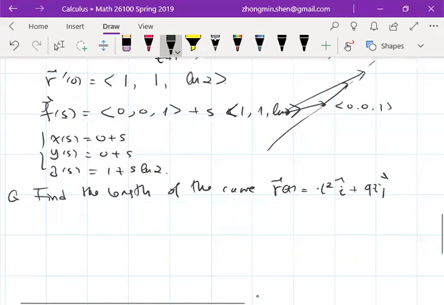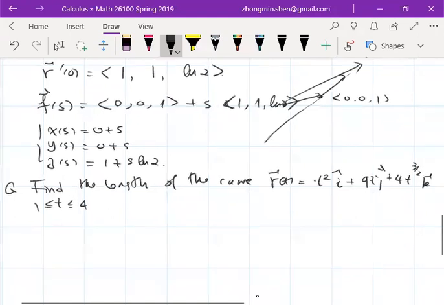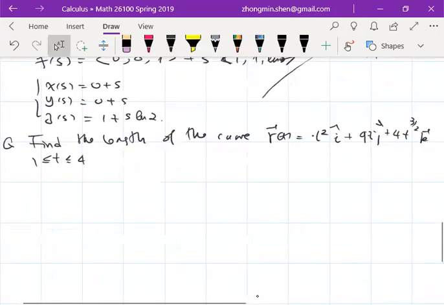But it's not always going to be possible. So t is between 1 and 4, and this is the function. So write down the formula. What is the formula?